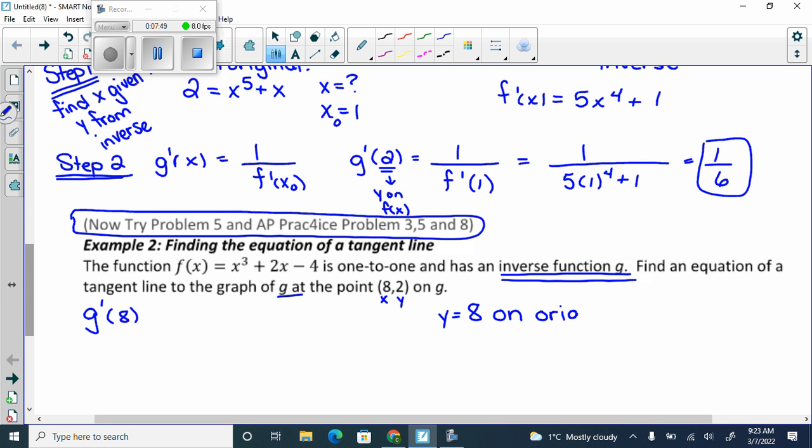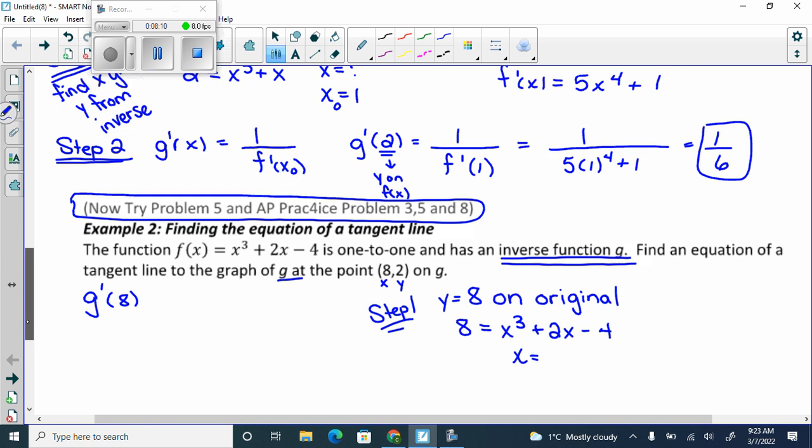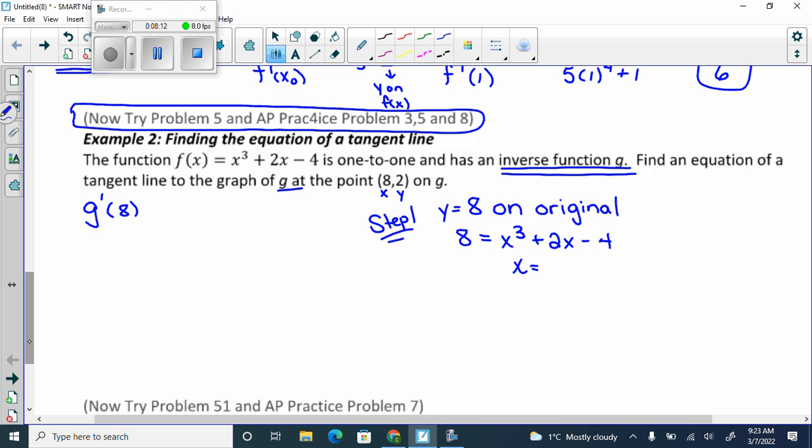So this is my step 1, correct? Step 1 is to take 8 equals x cubed plus 2x minus 4. And then what do I have to get? x equals whatever. So typing it in, y1, y2.